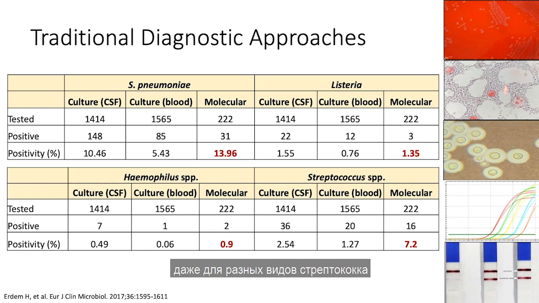Even when you look at the Streptococcus species, it's significantly higher compared to culture, which really proves the point that molecular testing is much more sensitive. The other thing to point out is that the positivity for blood is very low, bringing home the fact that a negative blood culture does not necessarily rule out CNS infection, as some may think.